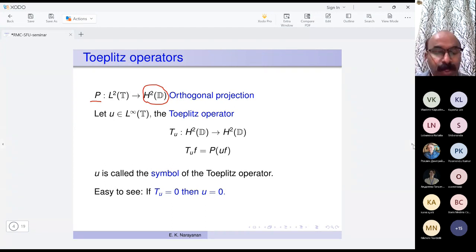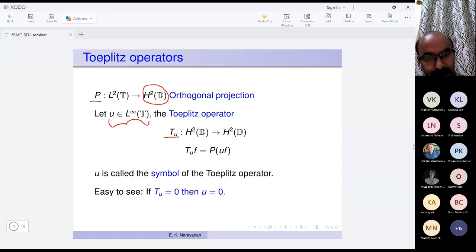Now, the definition of the Toeplitz operator is very simple. You take an L infinity function, a bounded function u on the circle, and define T_u. That is going to be the notation for Toeplitz operators. The u is called the symbol. The definition is simply T_u f equals, you look at u times f.